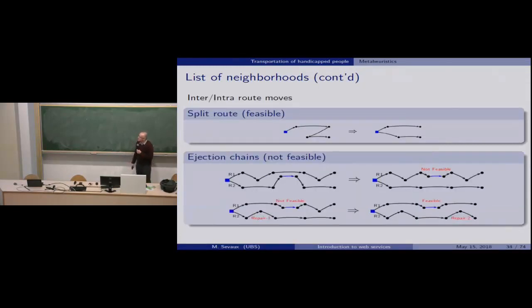And then you have the split route, which gives you a feasible solution, and ejection chain. So in that case, for example, here, you have this blue route, which is added to the route above, giving you an infeasible solution. And then, of course, this infeasible solution should be repaired. And this is repaired in 2 steps here.